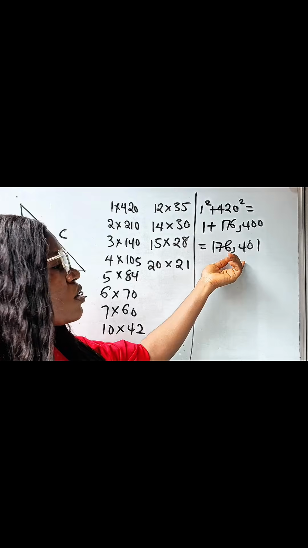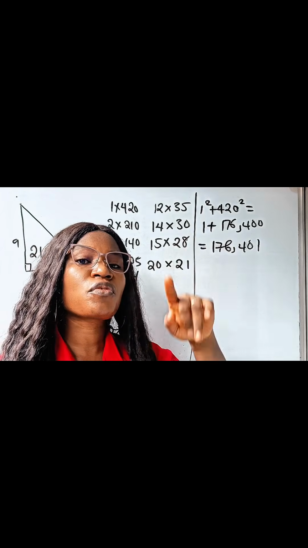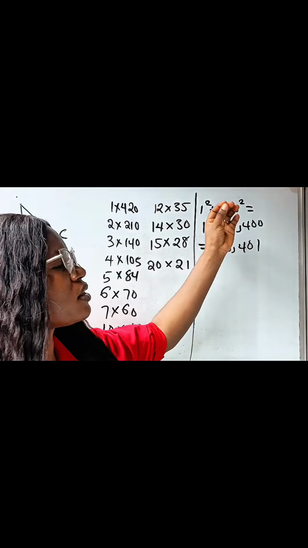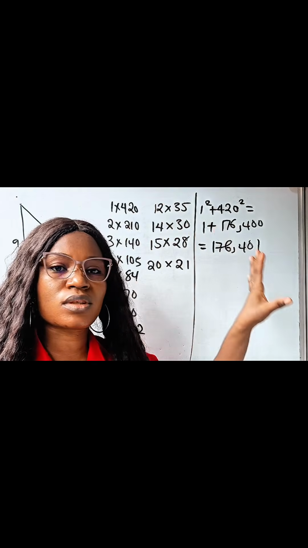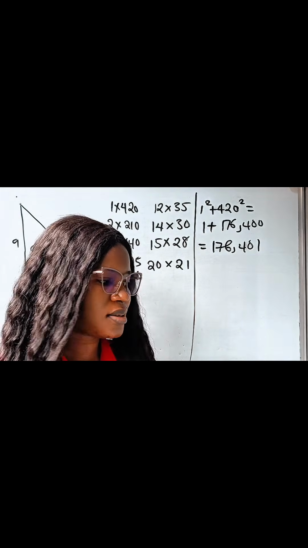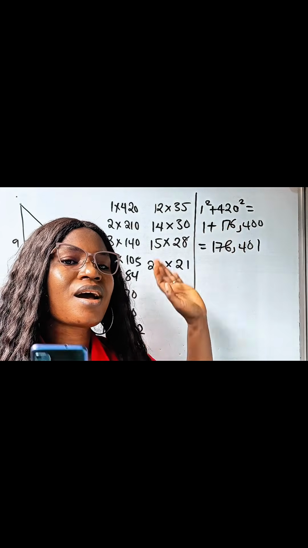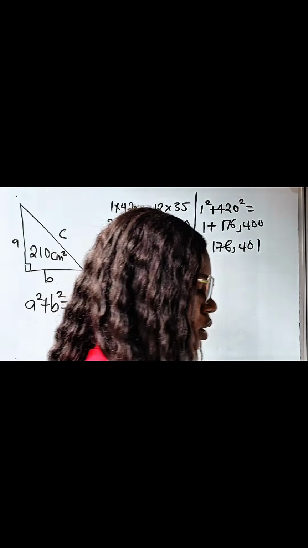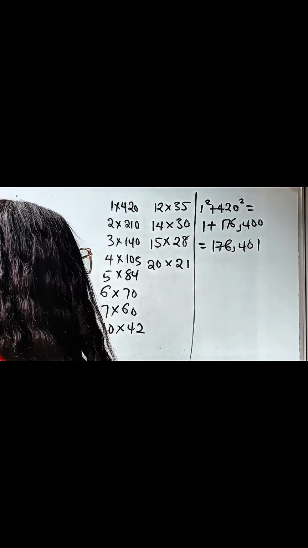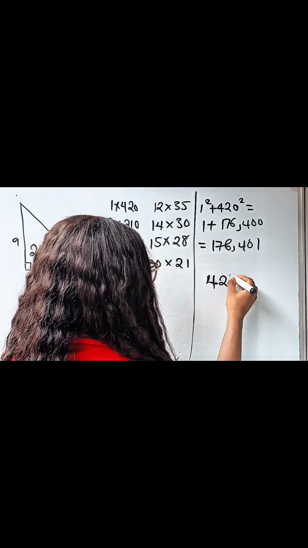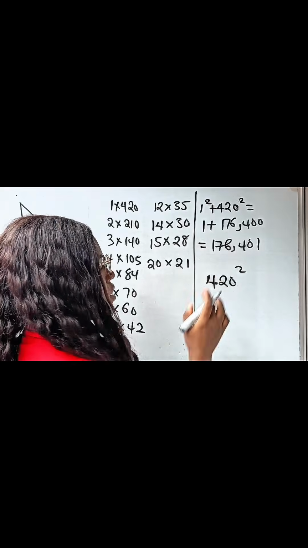Now 176,401 is not a perfect square. Yes, and once it's not a perfect square, that means, but before that, we can actually find the square of these three-digit numbers without the use of a calculator. I'm going to show you that just for this one so that we don't waste a lot of time on this video. If you have a 3-digit number to square, do it this way. 420 squared: 0 squared is 0.